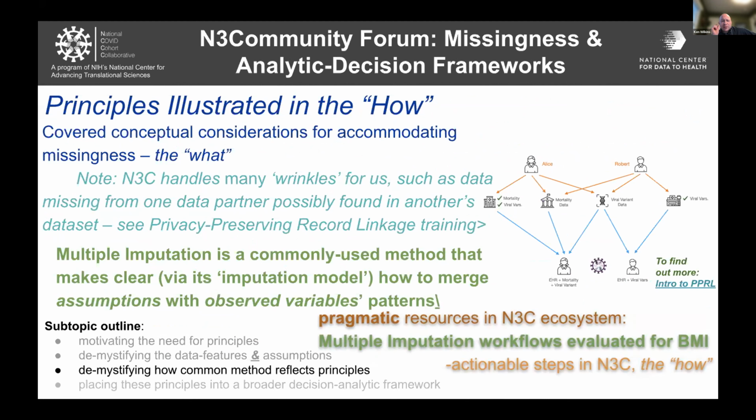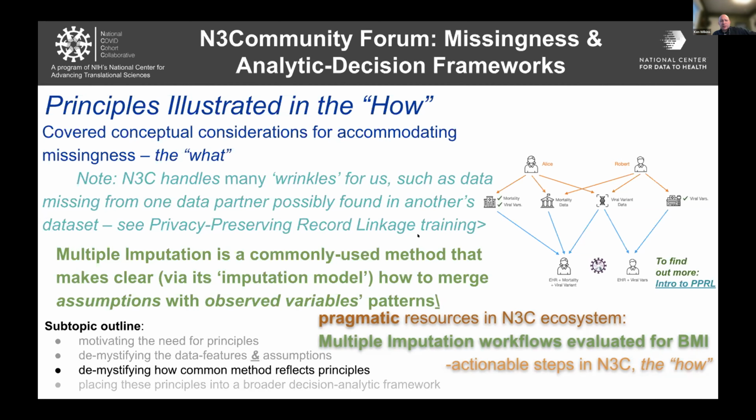But take again stock about how much is already done, how many wrinkles are already ironed out for us by the N3C infrastructure, like the privacy preserving record linkage that deduplicates information across individuals, across different distinct data partners, like the folks in the research triangle area, where you may have UNC data as well as Duke data coming in to the N3C. Those are tied up, and what might be missing from one would be represented in the other.